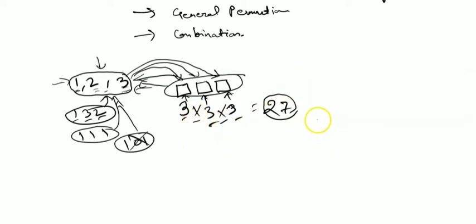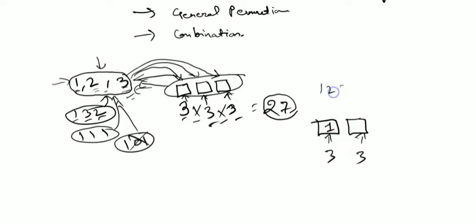The reason for this is, let's say we take 2 slots to make it easier. So I have three choices and I have 2 slots. In the first slot I can fill it with 3 choices, and the second slot I can fill with 3 choices. So let's say I fill the first slot with 1.